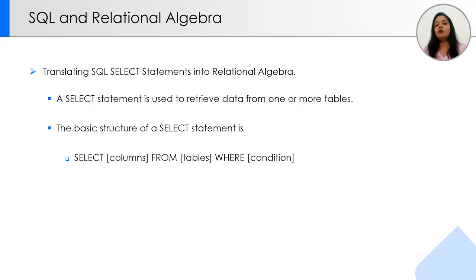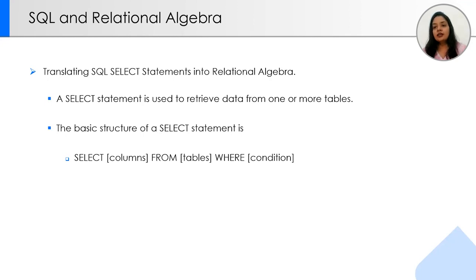Now we are going to talk about the different statements in relational algebra, and we are also going to discuss some examples related to the same so that you can understand it properly. Now we are talking about translating the SQL select statement into relational algebra.